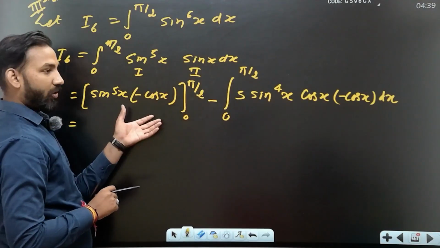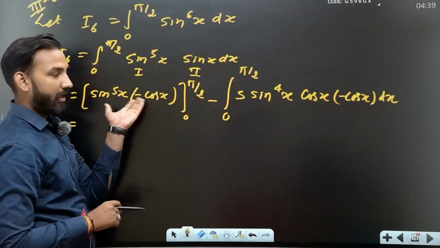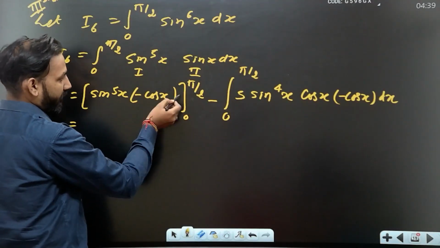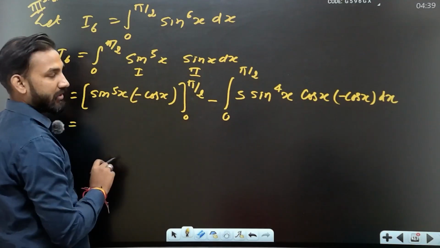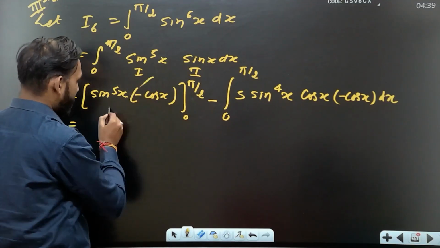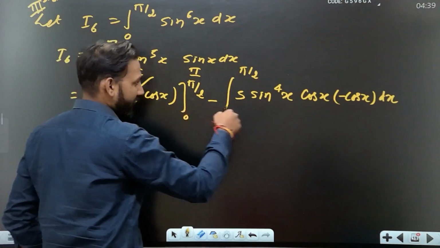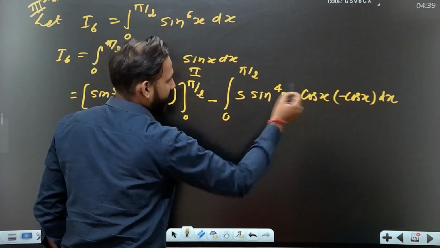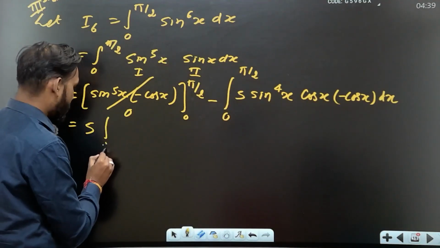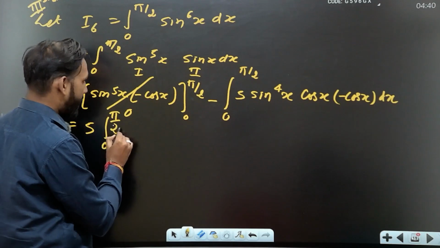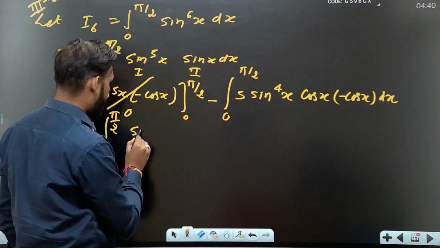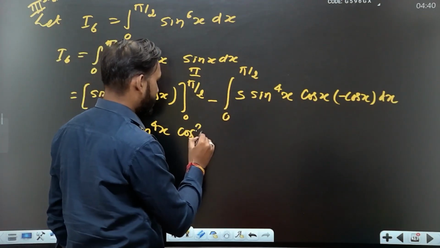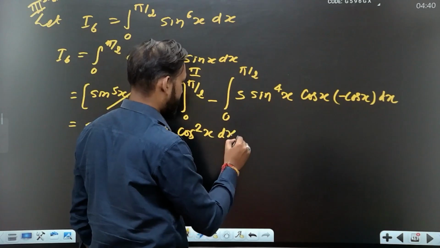Now this first term will be 0 because we calculated it earlier. Put the value pi by 2, then cos pi by 2 is 0, and put 0 here, then sine 0 will be 0, so this quantity will be 0. Minus minus is plus, and 5 will come out of this integral, and we have 0 to pi by 2 of sine to the power 4x and cos square x dx.